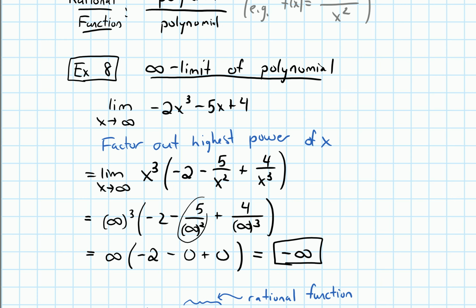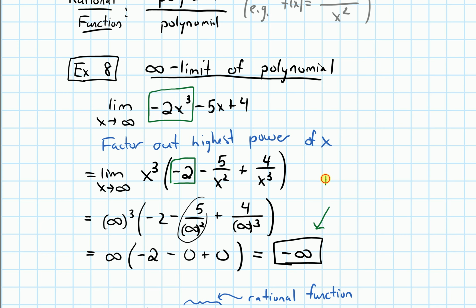The key thing to notice is that the term that ultimately affected the limit was this negative 2. The ones after that had these x's on the denominator, and as x went to infinity, all of those fractions became 0. The negative 2 came from the term of highest degree.